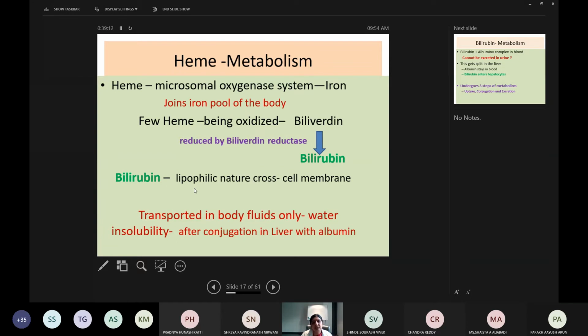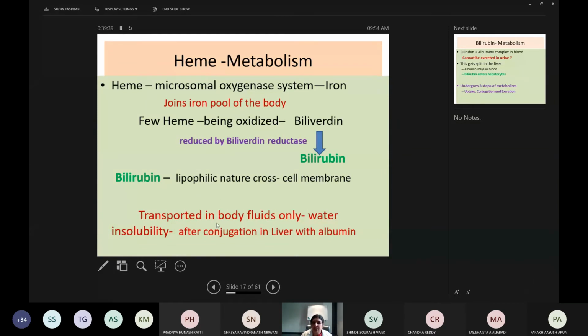Now this bilirubin is lipophilic in nature, meaning it is not water soluble. Therefore it crosses the cell membrane easily, because if you remember the structure of the cell membrane, it is a lipid bilayer. So bilirubin easily passes the cell membrane because of this property.